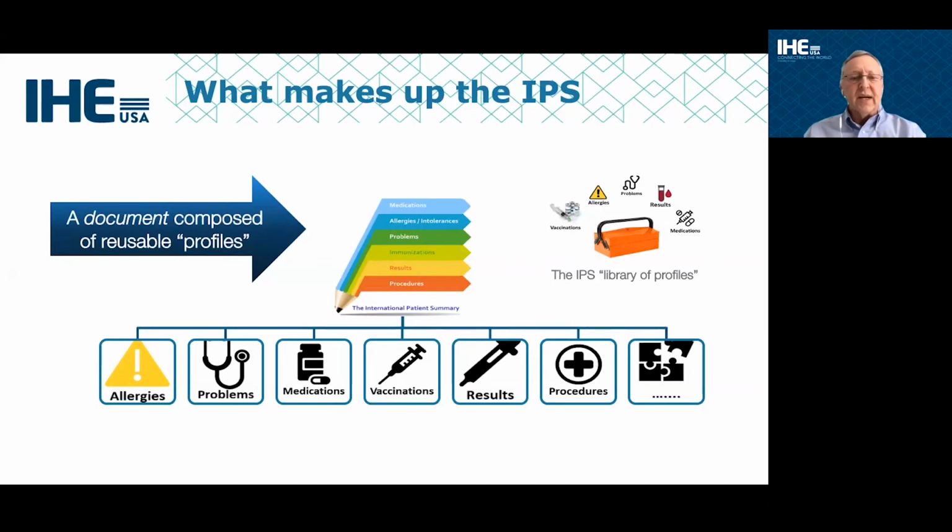So it sort of has the best of both worlds. It has a cohesiveness that can be put together as one entity and exchanged at a single point in time, but the parts of it can also be reused for different types of activities.